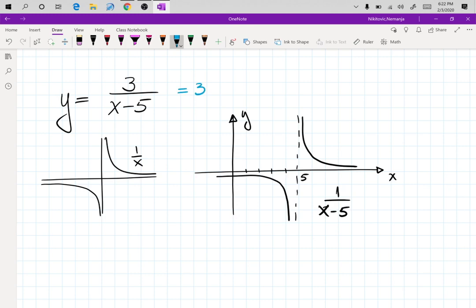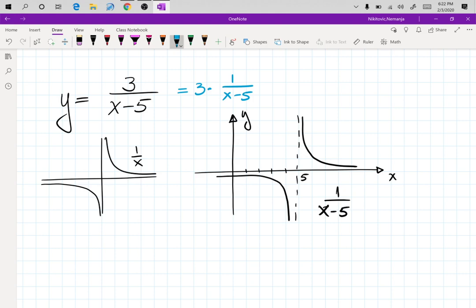This is 3 times 1 over x minus 5. So you see how it is actually that vertical stretch, right? So it should make it taller. But this 1 over x already goes to infinity. So it's very difficult to pull that off on a graph.